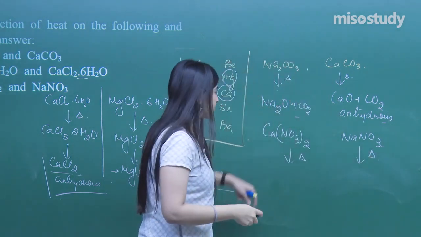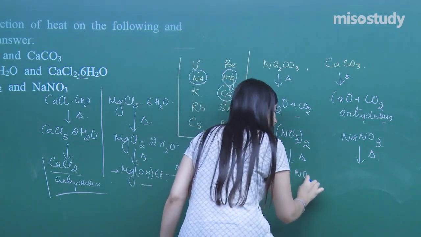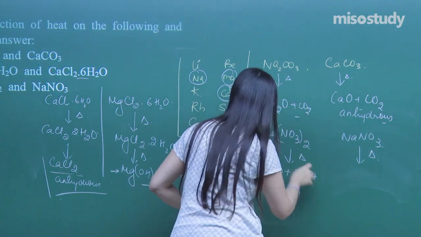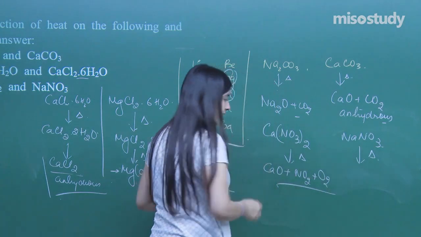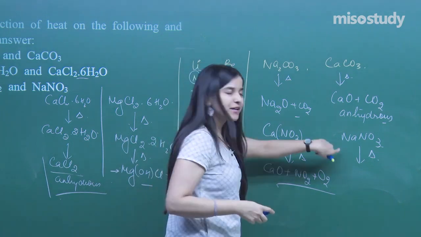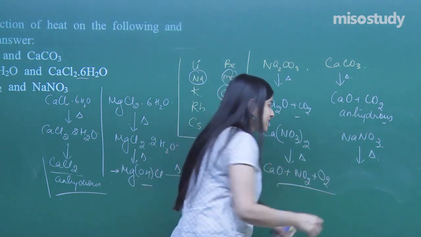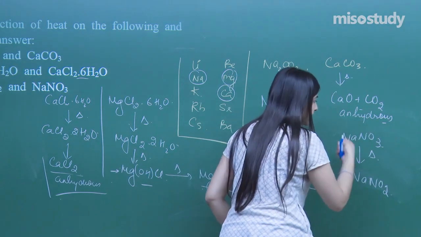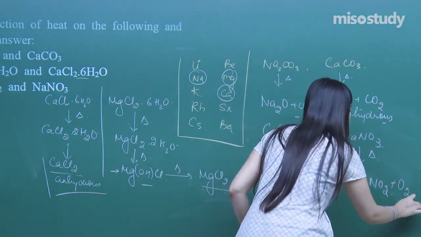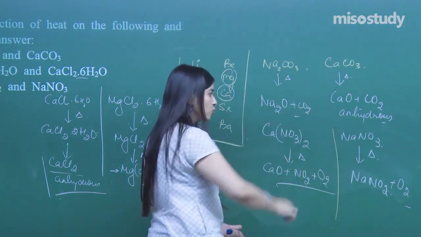Here, calcium nitrate gets converted into calcium oxide plus NO2 plus what I am left with here, O2. Fine. Whereas, if I try to heat this nitrate, we get nitrite in this case, NaNO2, along with what? O2. Fine. So, that is what the differences in between the two are.